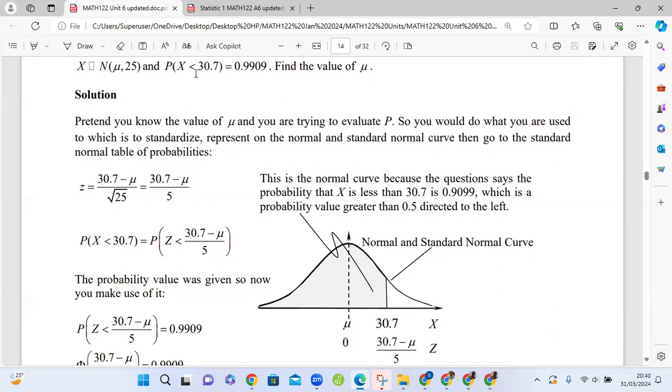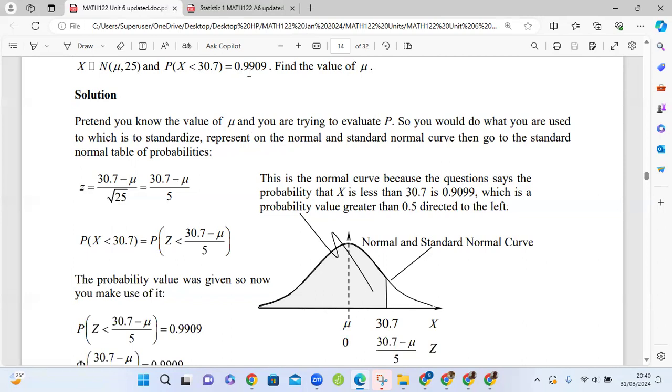So we have to shade a region starting from 30.7 towards the left. Now we need to know where to begin. If it's to begin on the right side of 0, or if it's to begin on the left side of 0, meaning if it's to shade a region that is smaller than 0.5, or shade a region that is greater than 0.5 towards the left because of left side.